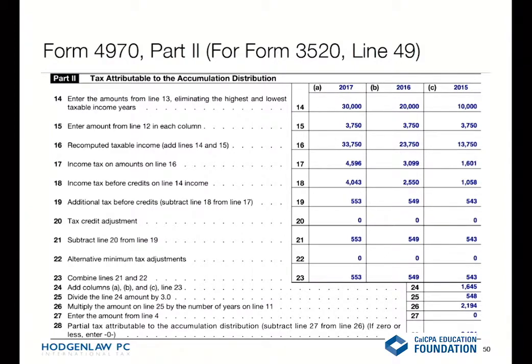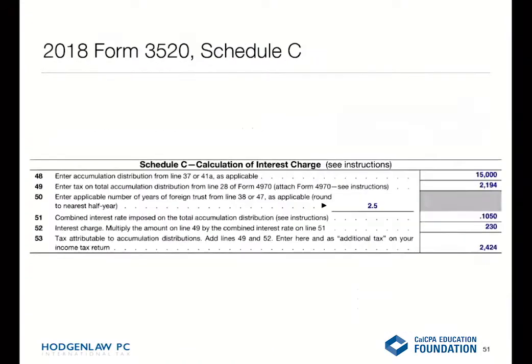So this is the end of Form 4970, but we're going to take this number back to Form 3520 to the Part 3, and now we're going to be on Schedule C. So Schedule C is where we calculate the interest charge.